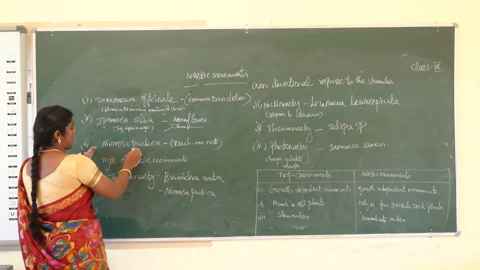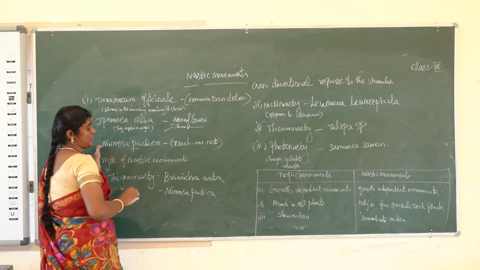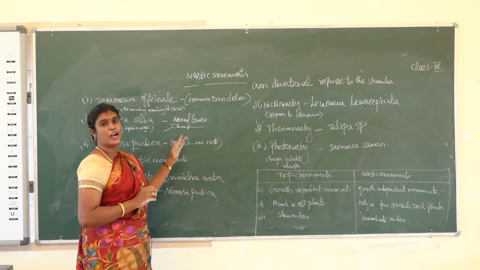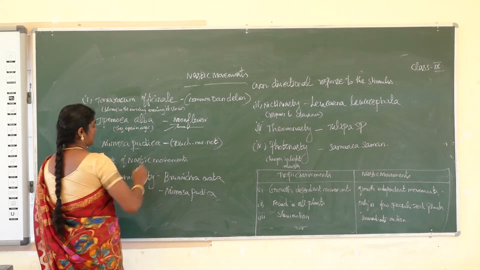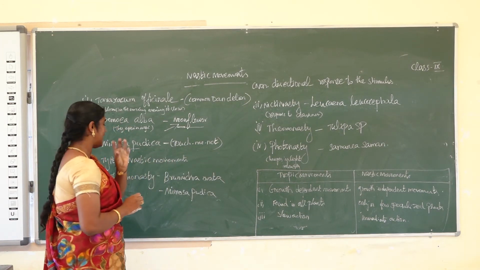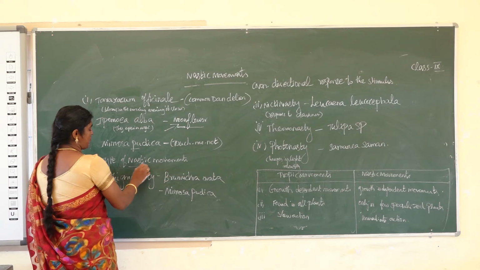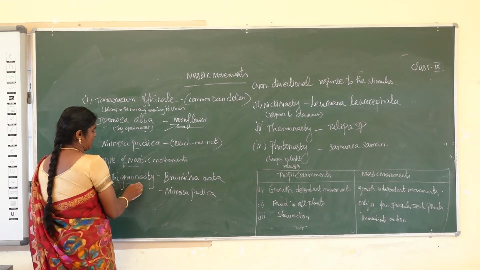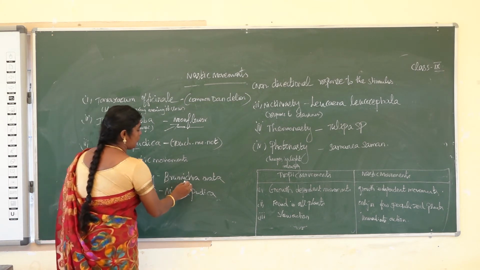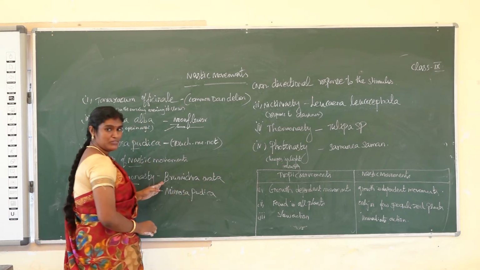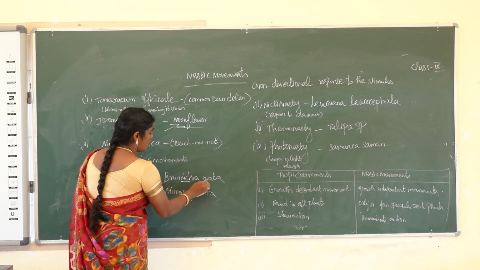Next one, Mimosa pudica, also called the touch-me-not plant. It closes on touching. That is the main character. Next, types of nastic movement. First one, thigmonastic, which means response to touch. Plants are Biophytum and Mimosa pudica, which close on touching.